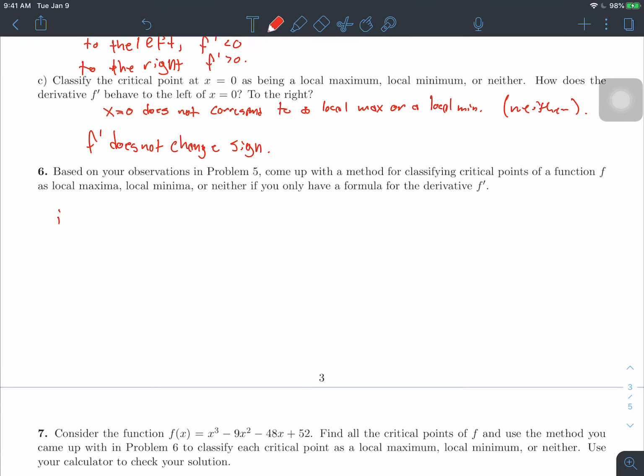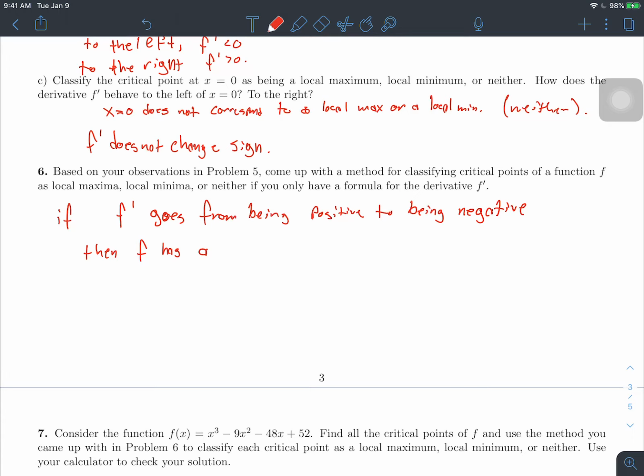So, if f prime goes from being positive to being negative, then f has a blank. Who can fill in that blank for me?